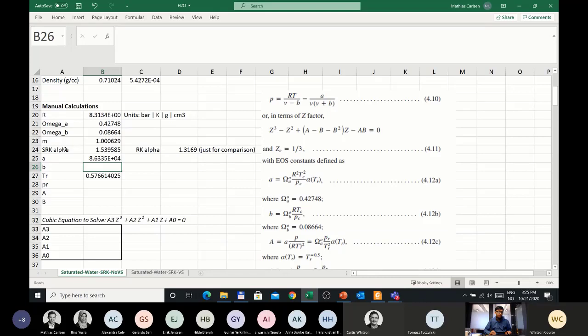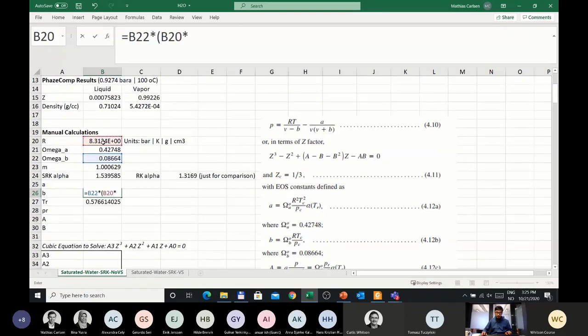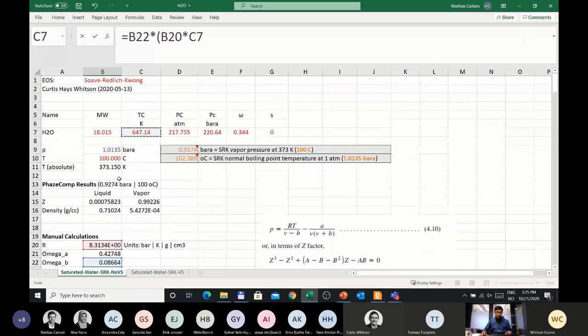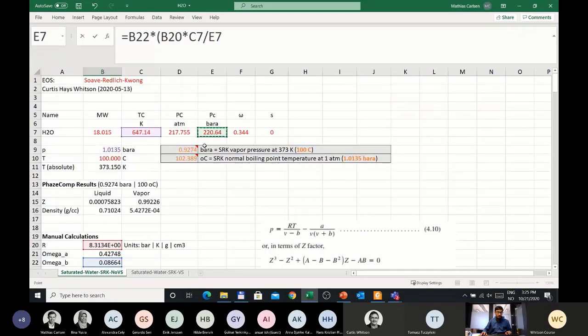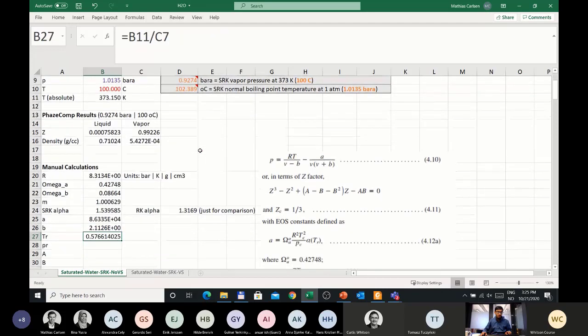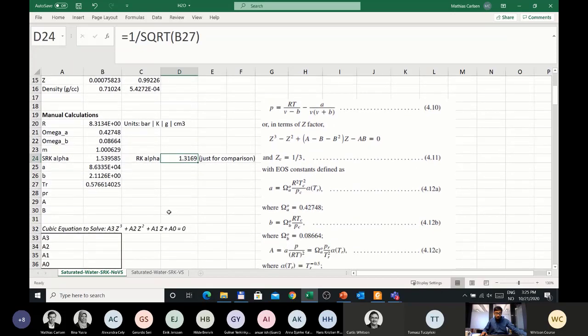And then we have B, which is omega B times R times the critical temperature over PC, or over the critical pressure. So that's the B value.